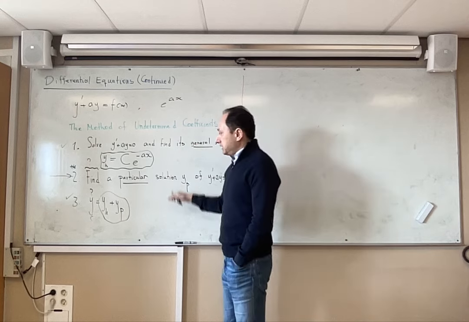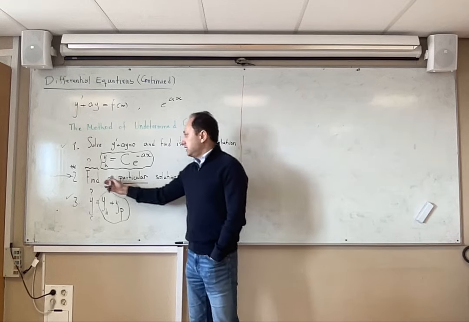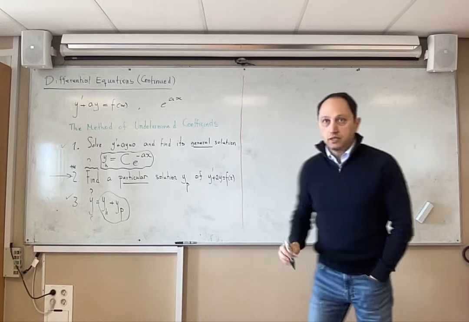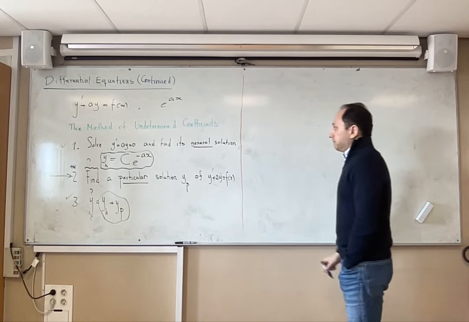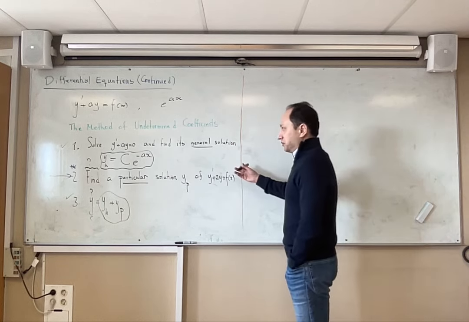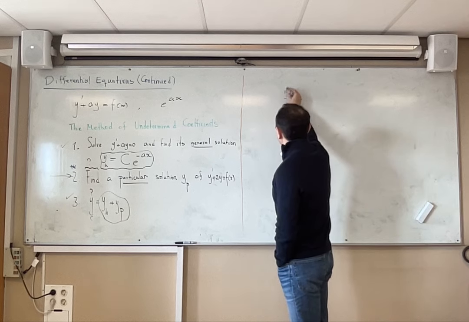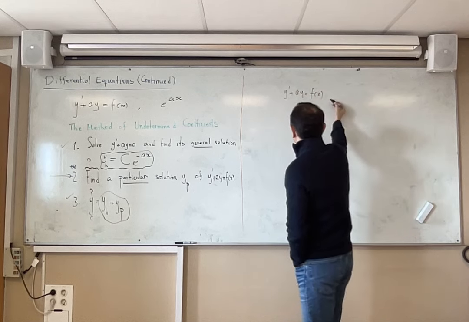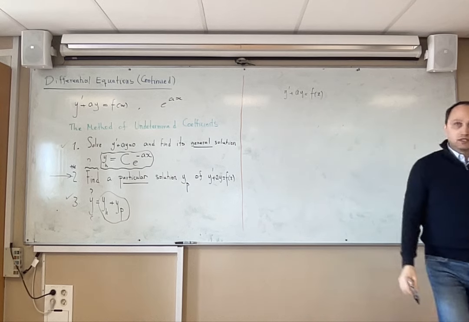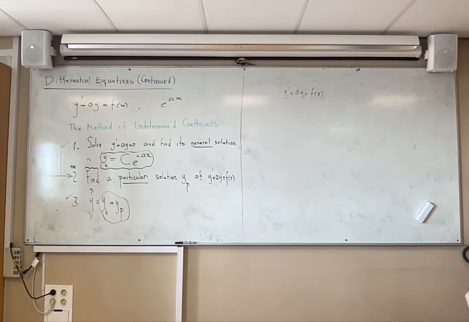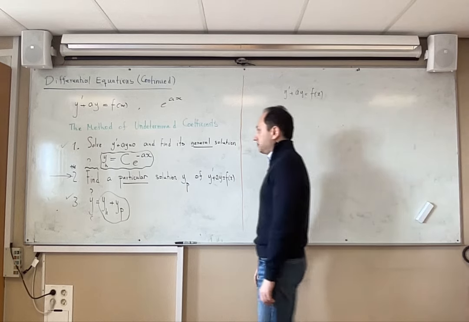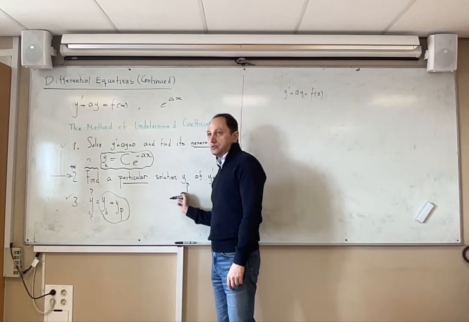So the rest of the lesson today will be dedicated to understand the second part of the algorithm a little bit better. Because it is a guesswork, I cannot talk about all possible functions that you have in mathematics for the right-hand side. So there are 3 categories of important functions that we can find a systematic method to guess this particular solution.